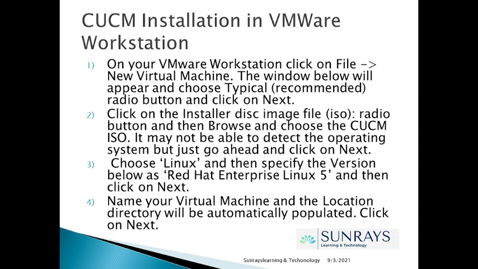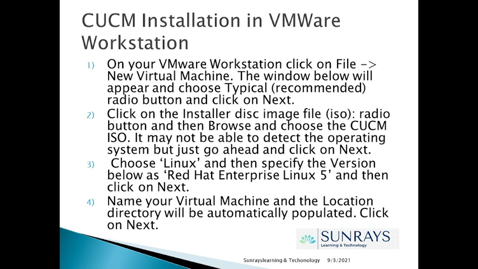For installing CUCM on VMware, two or three things are mainly required. You need to have at least 100 GB of space, depending on the version you are installing. Secondly, you need at least 4 GB of memory for 11, and for 12 also.